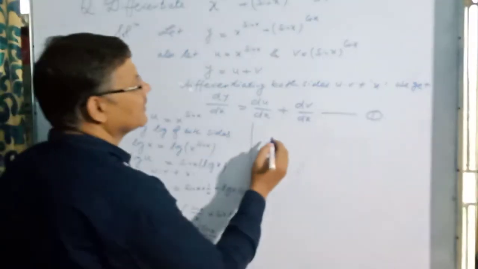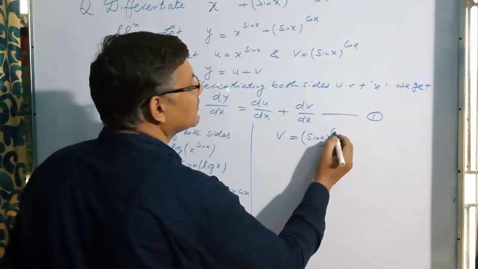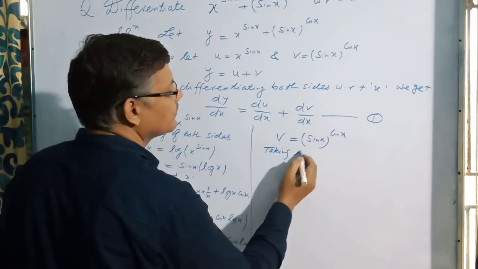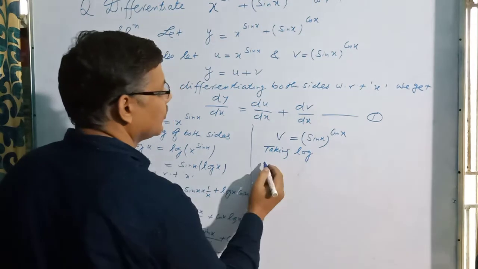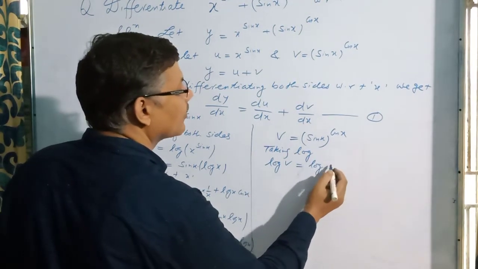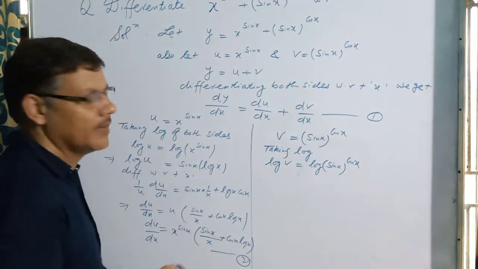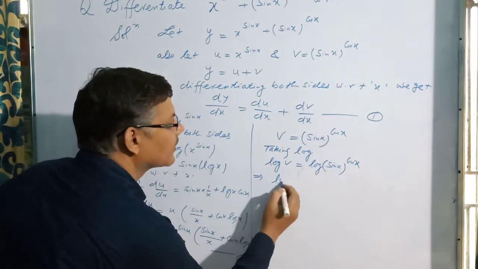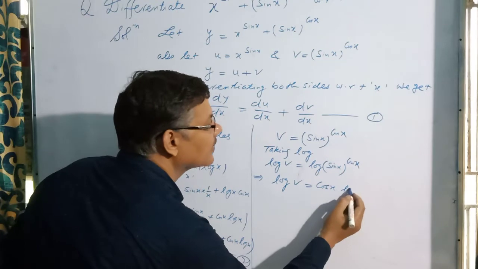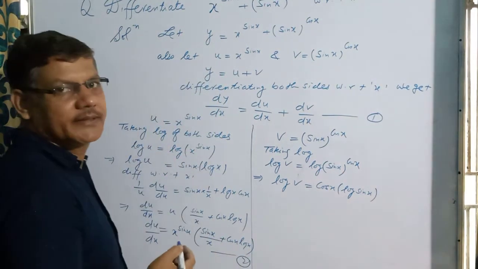Similarly, we start from v. v is equal to sin x power cos x, taking log, we get log v is equal to log of sin x whole power cos x. By the property of logarithm, we get log v equal to the index comes out, cos x into log sin x. Make it a bracket.